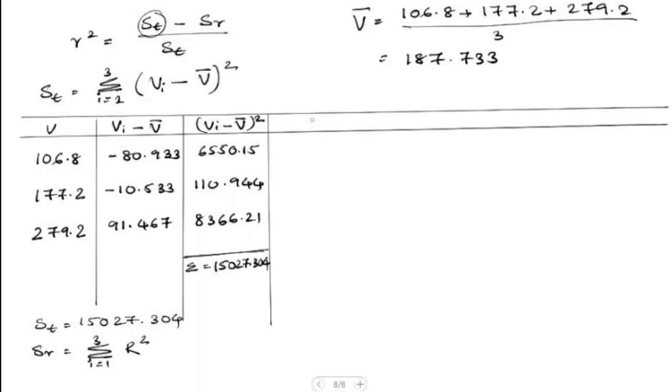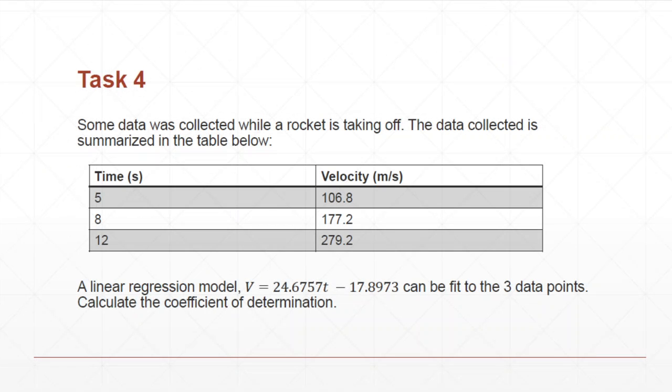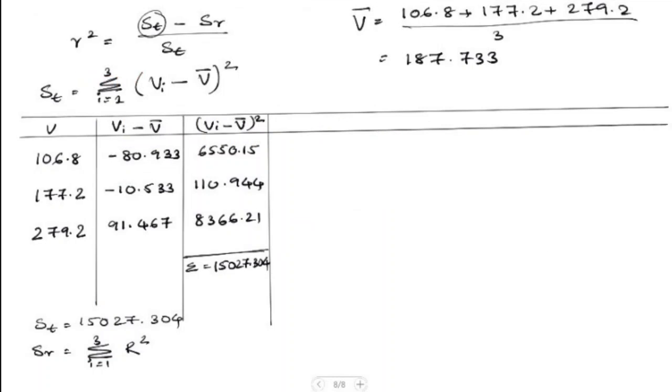The time values given to us are 5, 8 and 12. We will input these into the formula given over here, which is 24.6757 times t minus 17.8973, where we put the first x value as 5. That will give us the first value for our table.